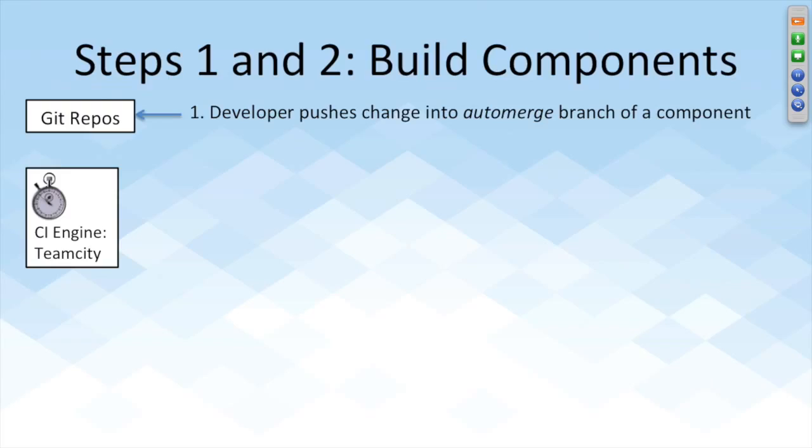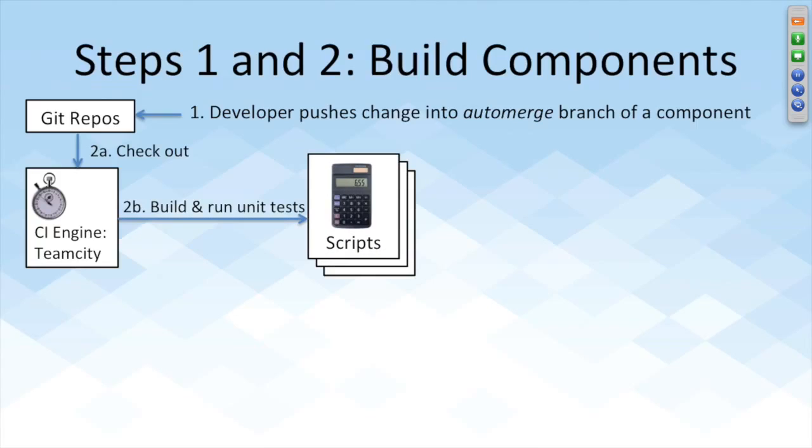Now, when a change is pushed into the auto-merge branch, we've configured TeamCity to detect that event and then start step 2, which is to build the component. And this has many sub-steps that start with checkout and then build and run the unit tests for that component.